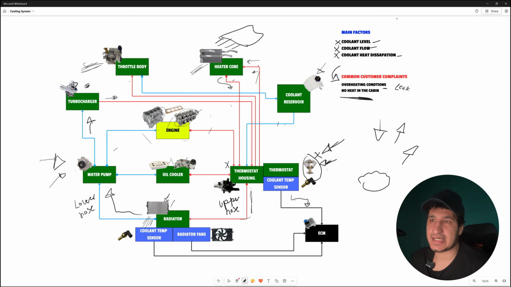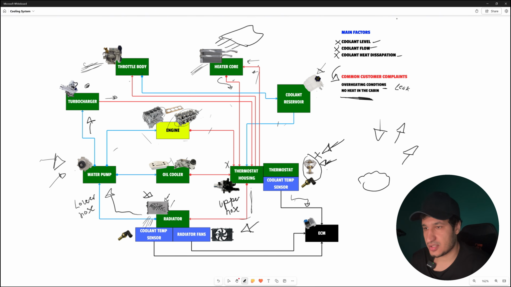All right, and then lastly, it's going to be coolant heat dissipation. That's the ability of the coolant to get rid of its own heat. So it's basically this guy over here, the radiator. If it's a clogged radiator, or sometimes there's debris in front of the radiator if you're driving a lot of highway, leaves or dead bugs that are disturbing the airflow from the front of the grill, then the coolant cannot cool itself, and you'll get, once again, another overheating condition.